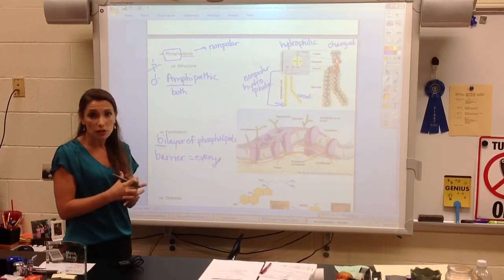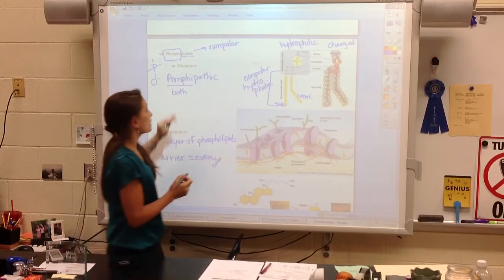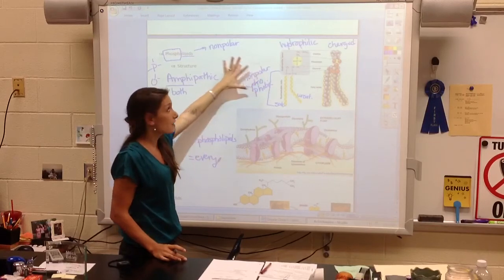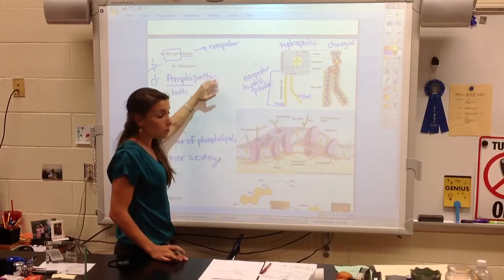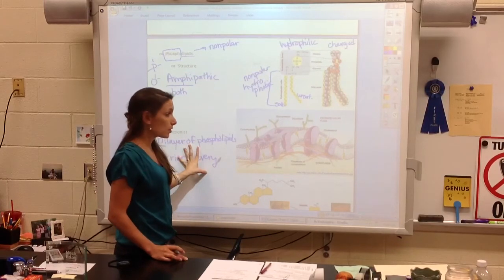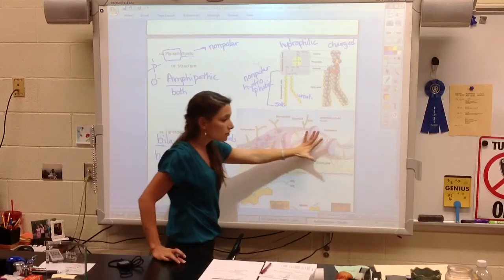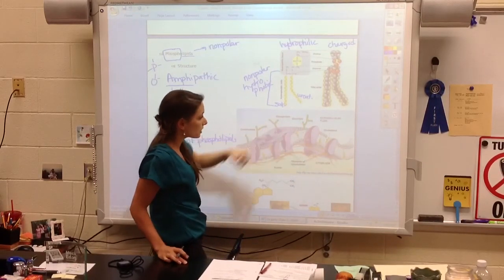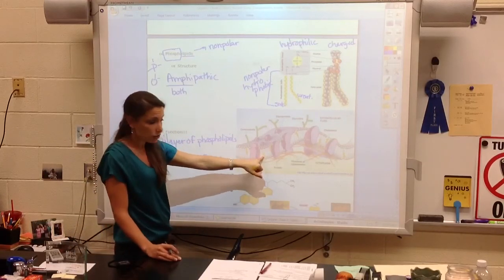We'll talk about which cells have cell walls again later in the year. But it all has to do with the properties of bonding that create this molecule, phospholipid, and the properties of this molecule that create the cell membrane. What we'll talk about even more later in the year is all these other things that are in the cell membrane: proteins, glycolipids, glycoproteins. We are going to talk, though, a little bit about cholesterol.